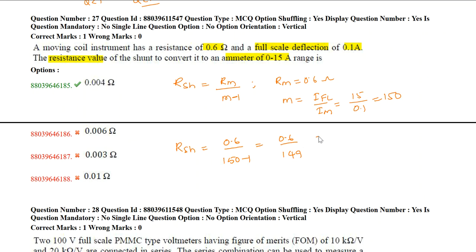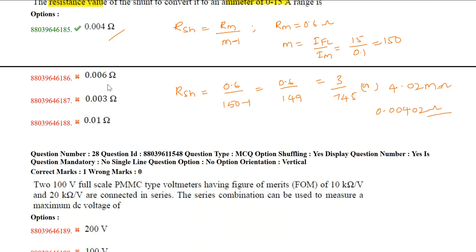If you solve this, it is going to be 3 by 745 or 4.02 milli-ohms. Sorry, it is not milliamperes, it's a mistake, it is milli-ohms. The answer will be a fraction, so I'll write 0.00402 ohms like this. So the answer will be A here.